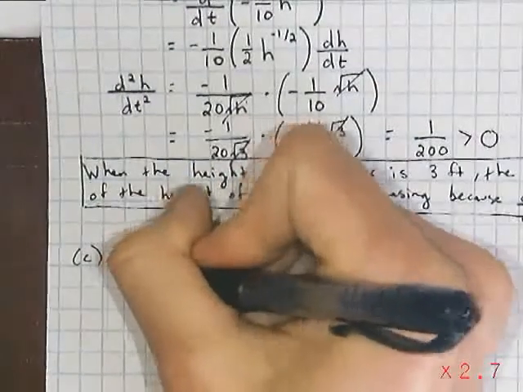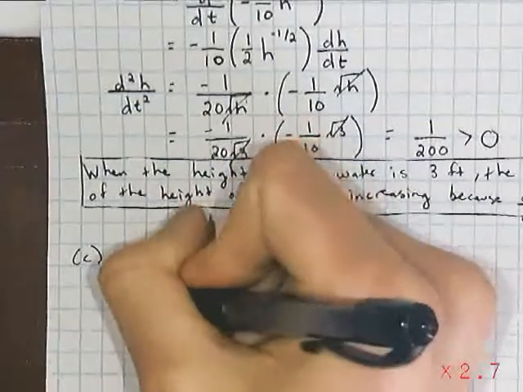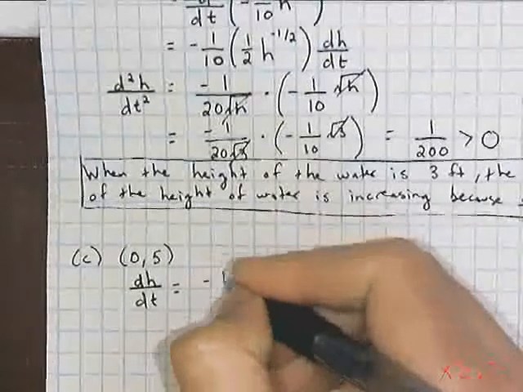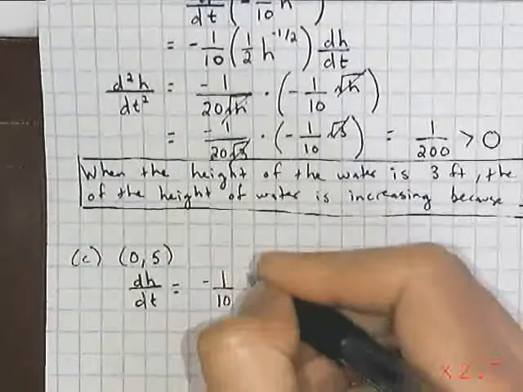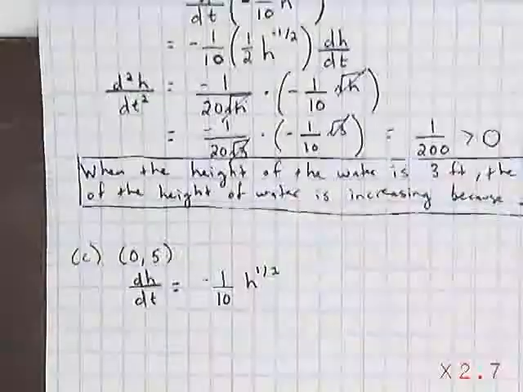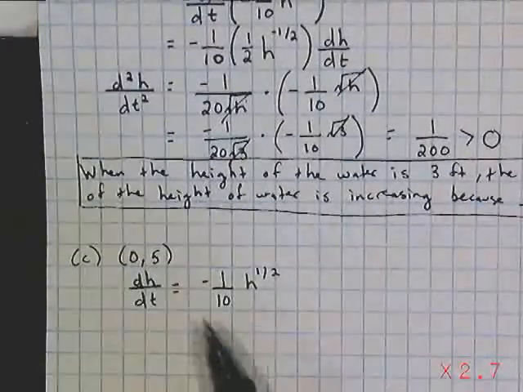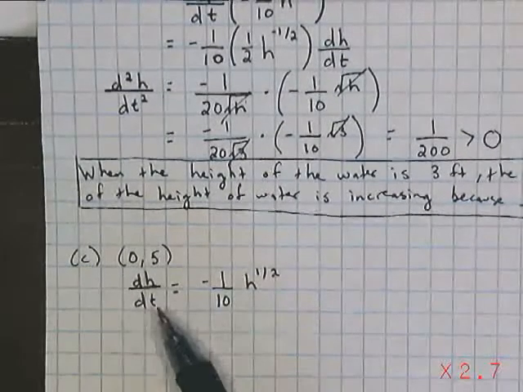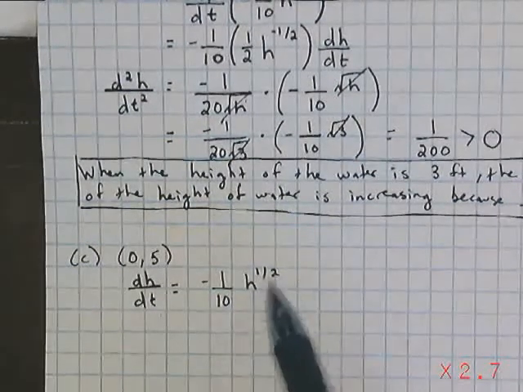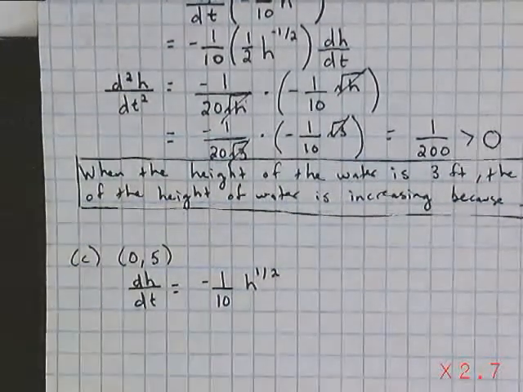The change in h with respect to t is equal to negative 1/10 times h to the 1/2. They tell us to separate variables, so let's go ahead and do that. We'll move the dt over here, and we'll move the h over here to be at home with the dh.